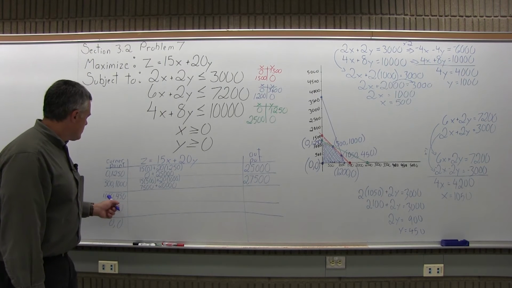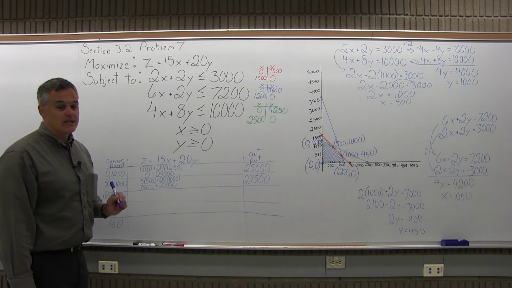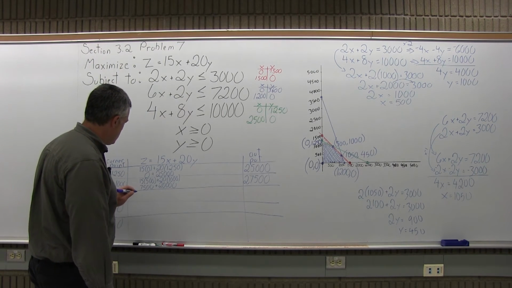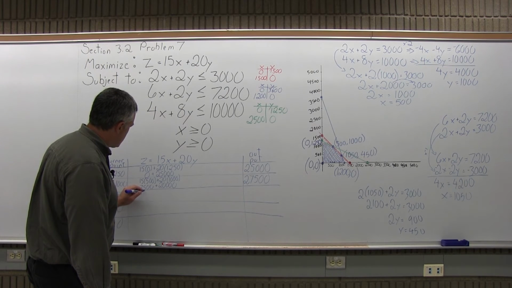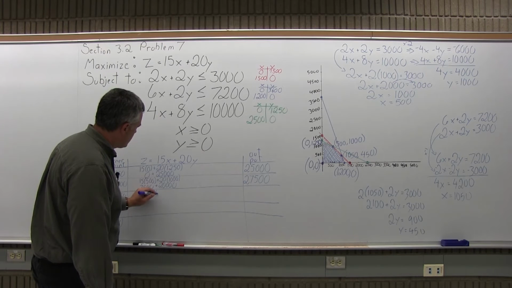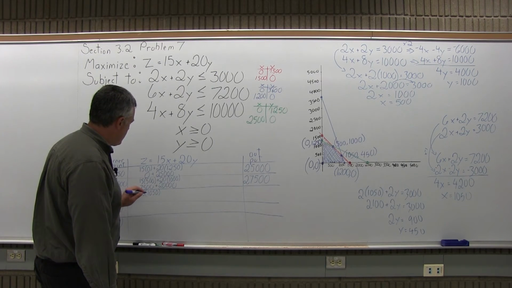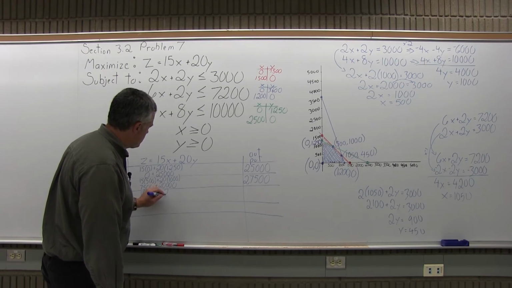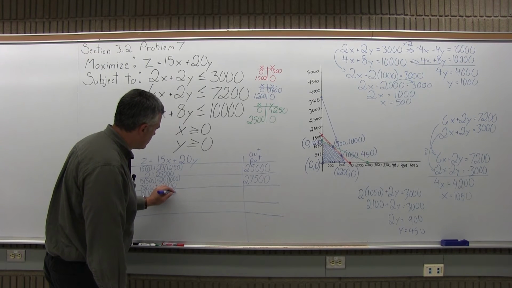The next corner point down, 1,050 for x and 450 for y. So 15 times x becomes 15 times 1,050, and 20 times y becomes 20 times 450.